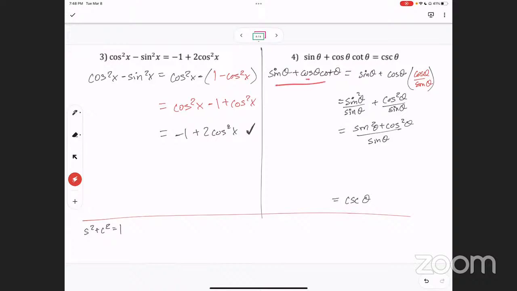I know I'm going to have to combine terms somehow, so I'm doing it by getting common denominators and then adding the numerators together. And what's sine squared plus cosine squared? It's 1. So 1 over sine, which is cosecant.